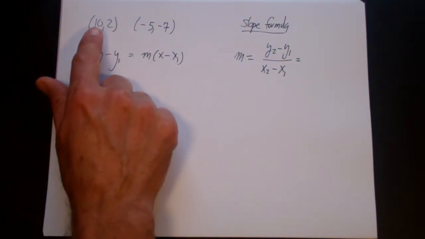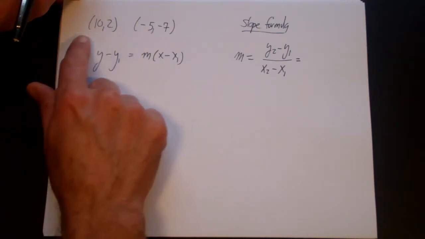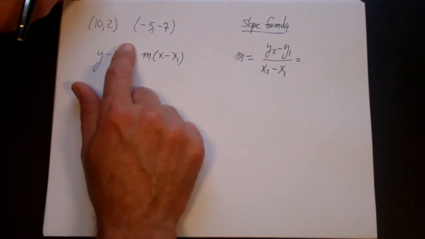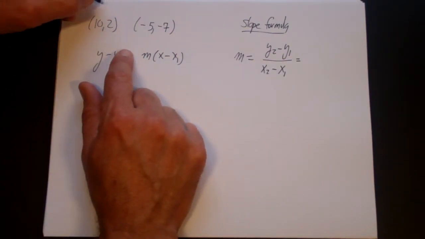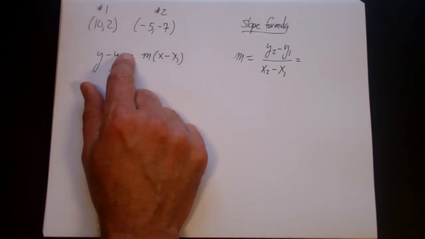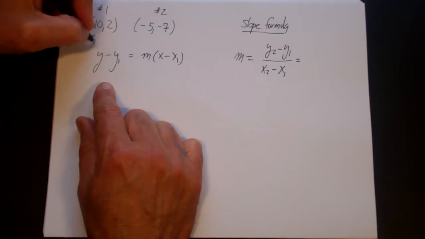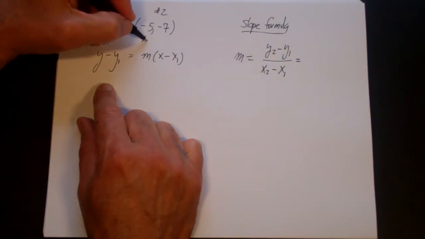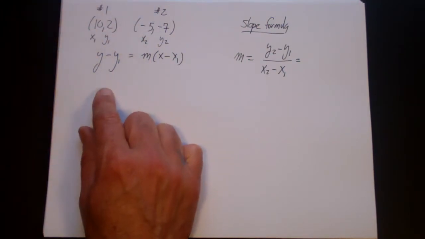It turns out here that it doesn't matter which one we call point number 1 and point number 2. Generally I call this one point number 1 and this point number 2. If I do it that way, then this is x sub 1 and this is y sub 1, and this is x sub 2 and this is y sub 2.